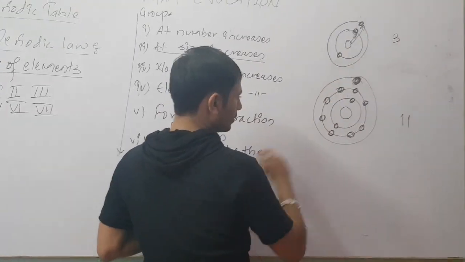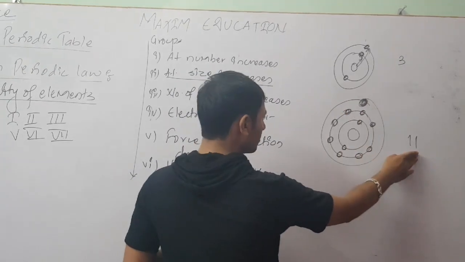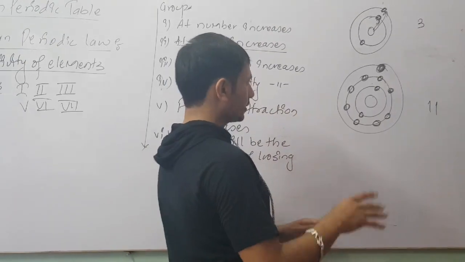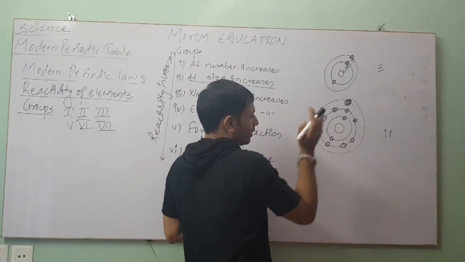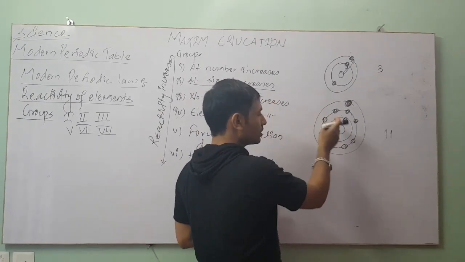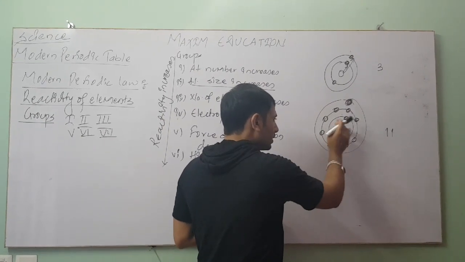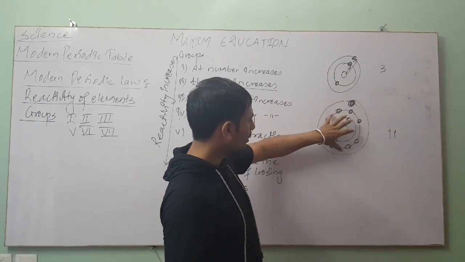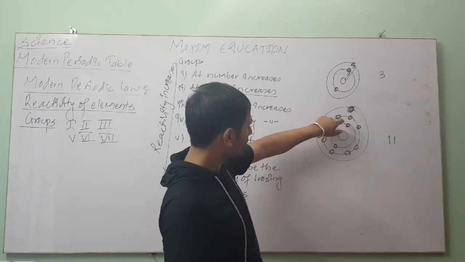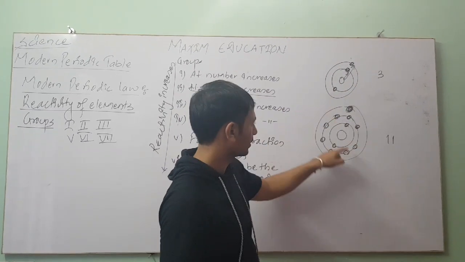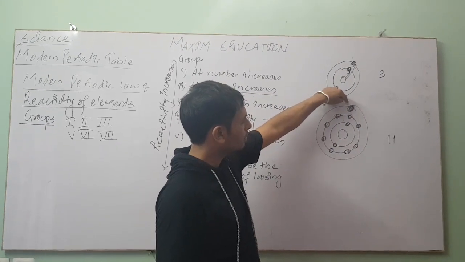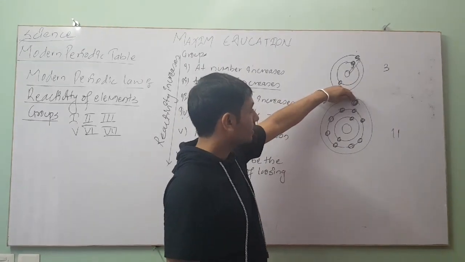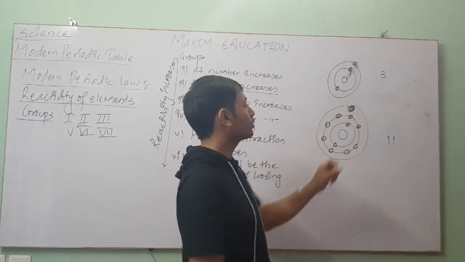But in sodium, the force is more, yes, but the size also increases. Obviously the force increases, but so do the size and the number of electrons. Look how many electrons are there. More electrons means the force is divided, and this valence electron gains a very small amount of force, so there is a high possibility of losing it.